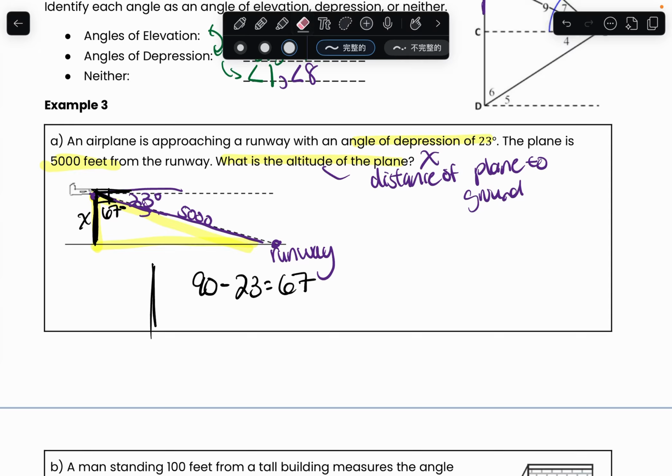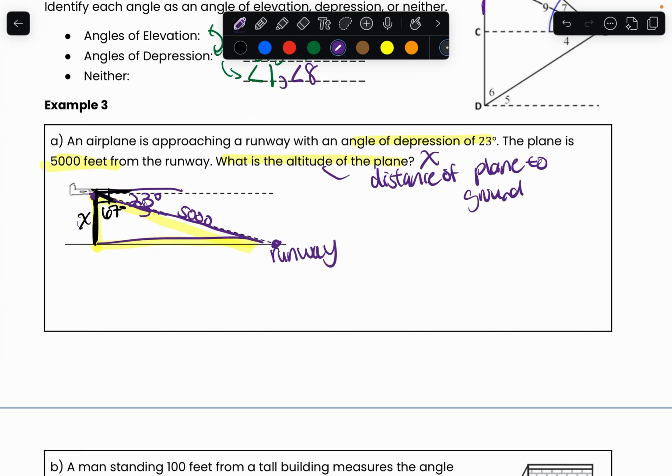Now, if you choose to do it this way, then let's look at our triangle. Okay, so we know our triangle, we have a side here, that's X. We have a 67 degree as our reference angle, so let's circle it. And right here, my hypotenuse is 5,000. So using this, let's use SOHCAHTOA. So let me write down SOHCAHTOA. After I circle my reference angle, I need to determine what type of side do I have.